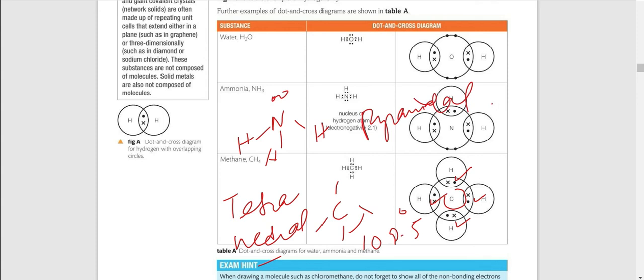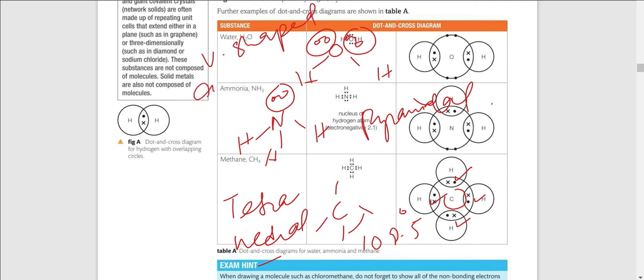And when we talk about water, oxygen in the center. Okay, 2 lone pairs are there. In ammonia, 1 lone pair is there. In water, there are 2 lone pairs. The structure is V-shaped. You can call it angular as well.